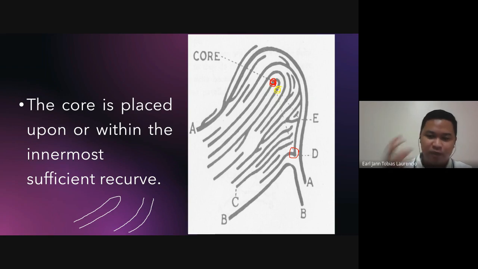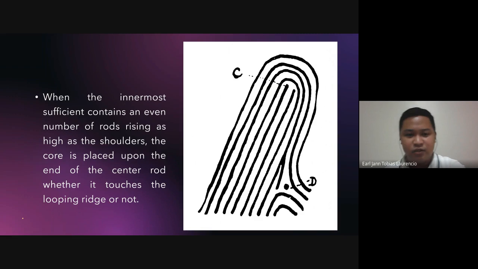So always bear in mind the general rule in choosing the core: if the innermost ridge is a sufficient recurve, a recurving ridge, you treat it as if the legs are separated, and you choose the leg that is far from the delta of the pattern. I hope that rule number 1 is clear to everyone. Let's go to the next rule.